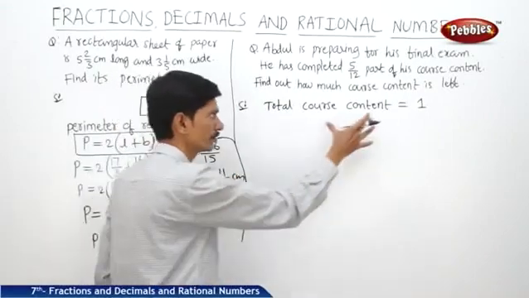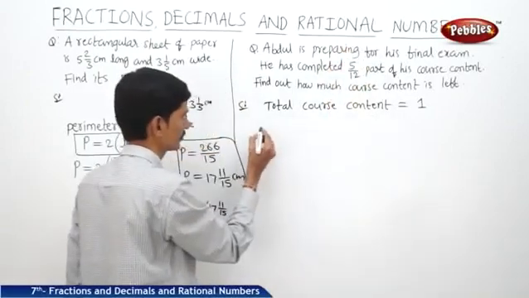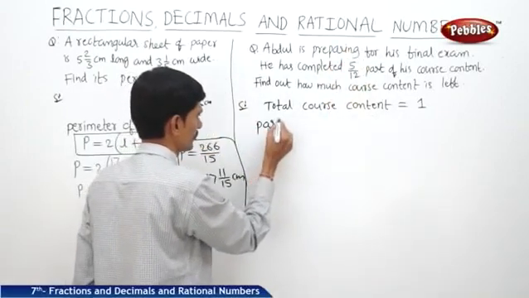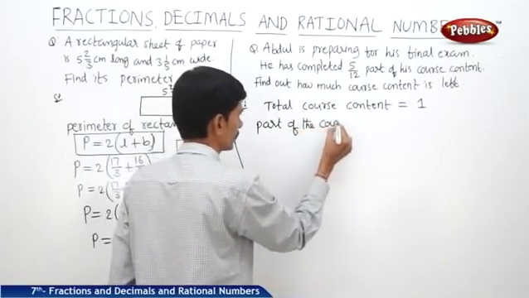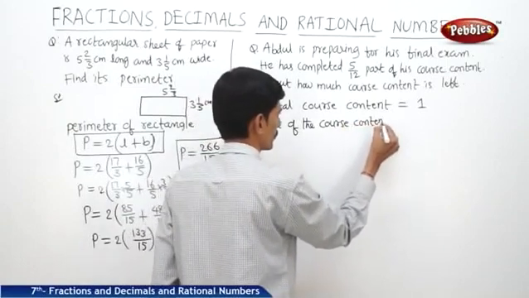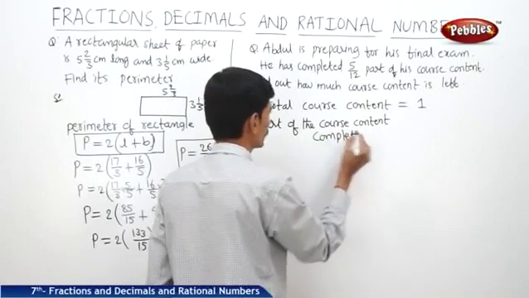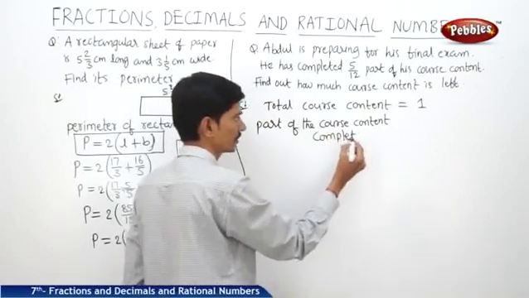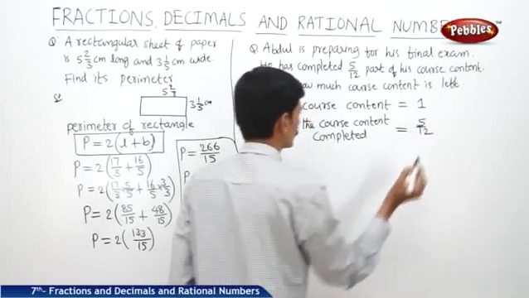So from this whole course content, he has completed 5 by 12 part. Now, part of the course content completed equals 5 by 12.